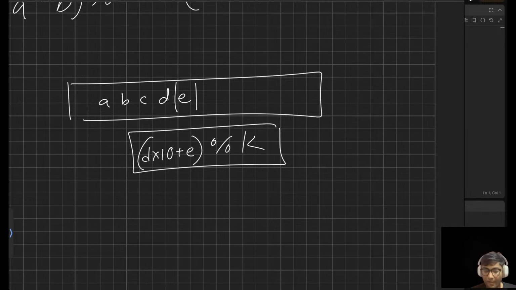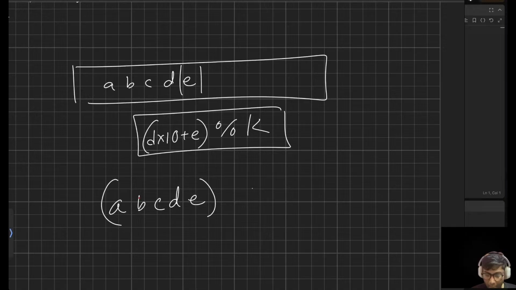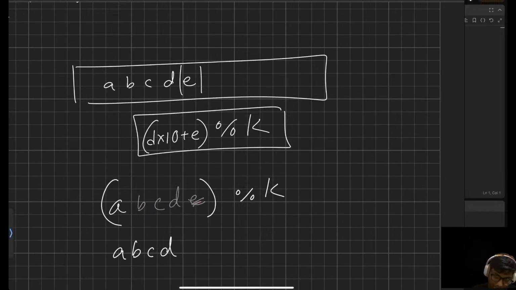Or in other case we are saying abcde modulo k, and we know that abcd, let's make it p.